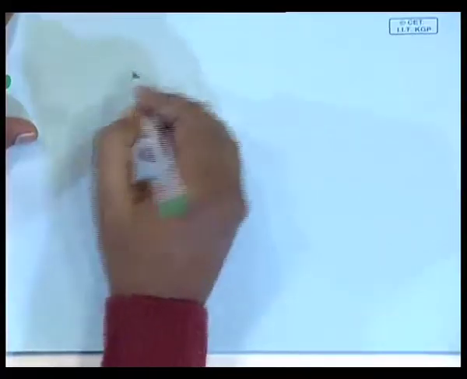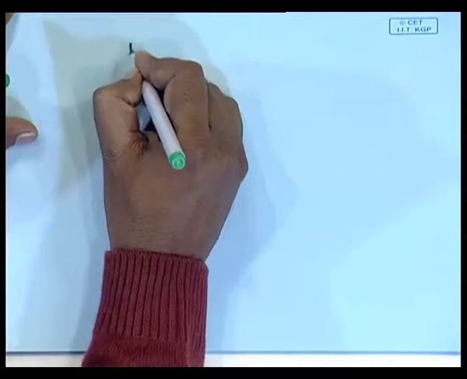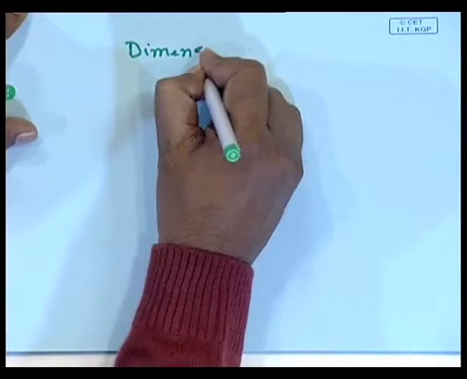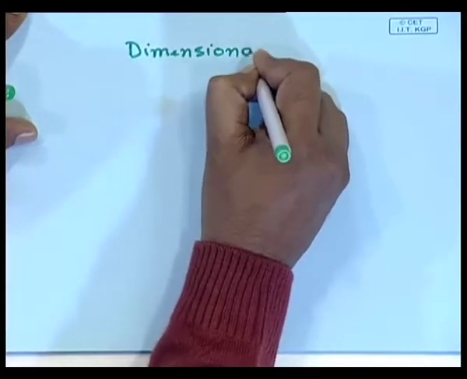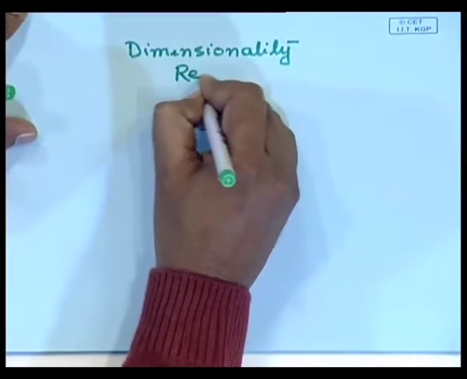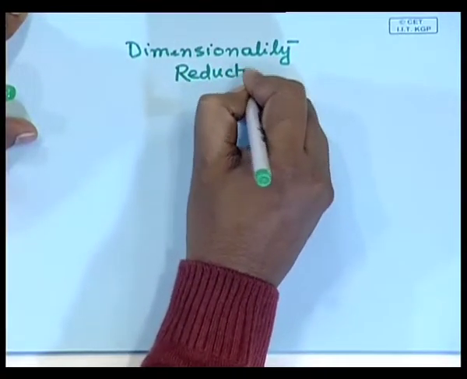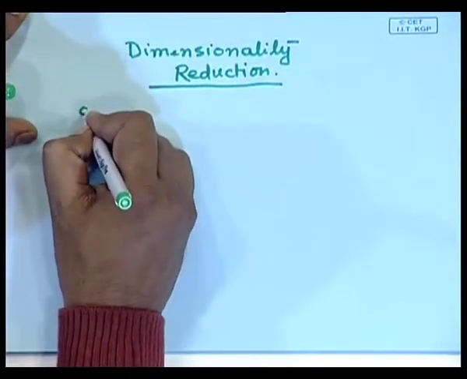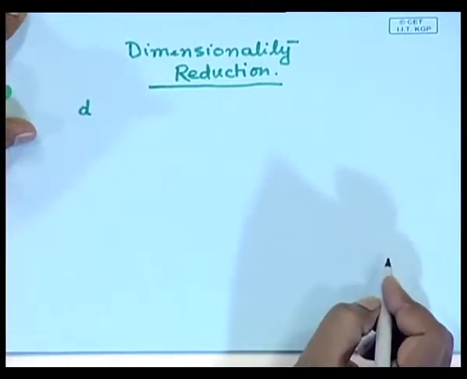Okay. So, coming to this concept of projection, with the aim to reduce the dimensionality of the feature vectors, I can have two types of projections or two types of concepts. What we are discussing now is the reduction of dimensionality. That means, initially I have a feature vector of dimension d.